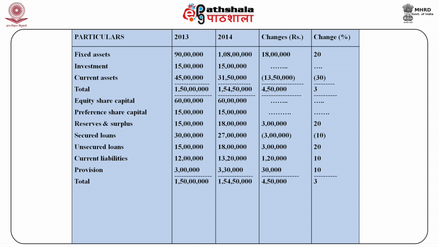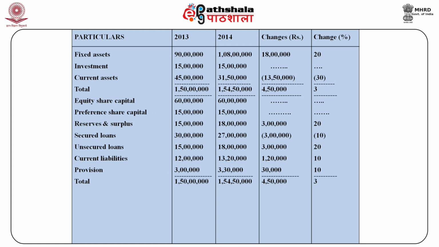Then we have investment in the year 2013 of 15 lakh and in the year 2014 we have 15 lakh. That is, there is no change in the investments. Then we have current assets for the year 2013 that is 45 lakh and for the year 2014 we have 31 lakh 50,000. That means there is decrease in current assets by 13 lakh 50,000. In percentage terms it comes to 30% of the total.